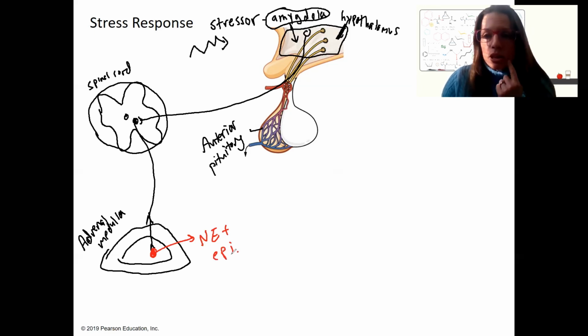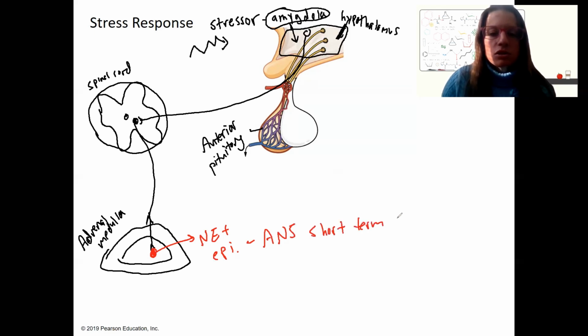These signaling molecules are going to go into the bloodstream because that's where they go from these cells here. You're going to go into the bloodstream. And this is going to be your fight or flight, quick ANS, short-term stress response, adrenaline, fight or flight.